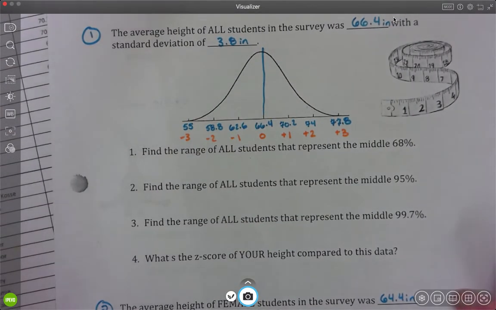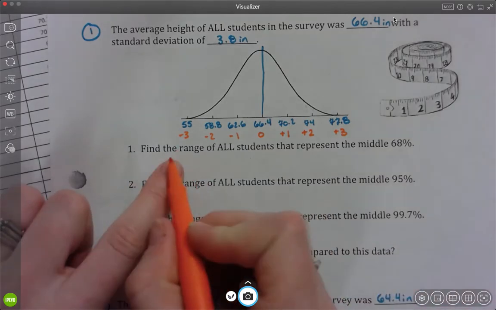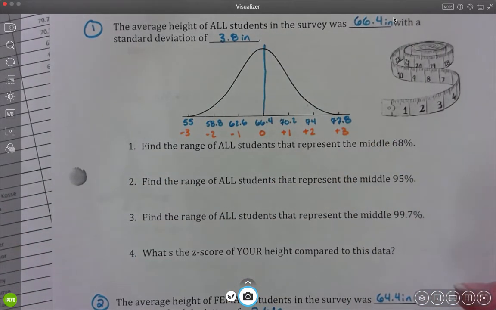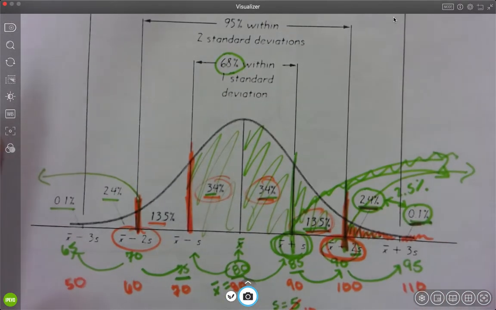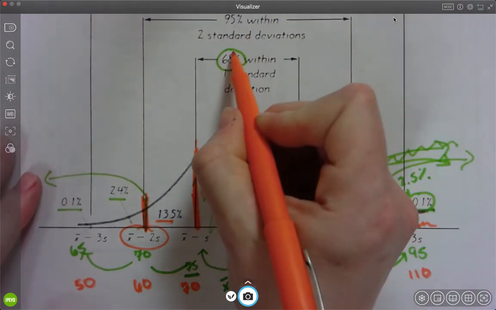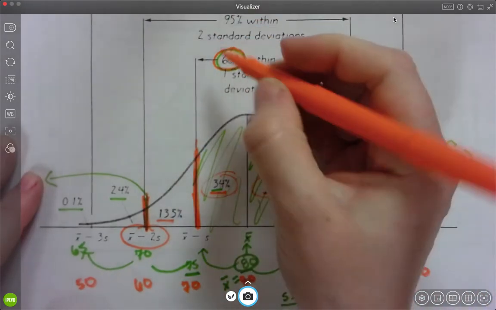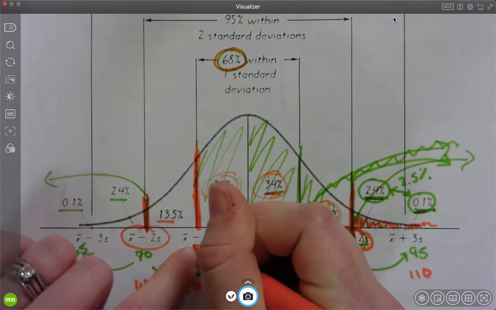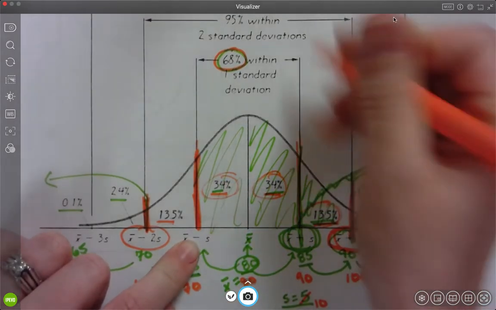Okay, so what they want us to do is find the range of all students that represent the middle 68%. If we look at our empirical rule sheet, 68% is between -1 and +1, which is one standard deviation on either side.